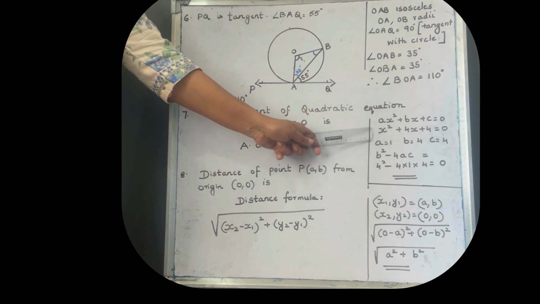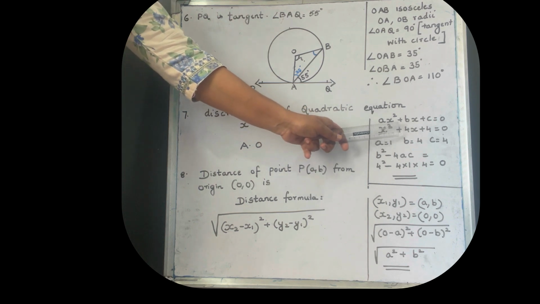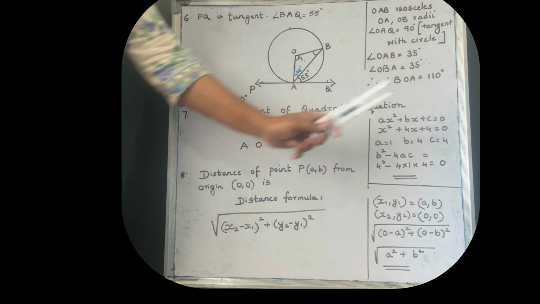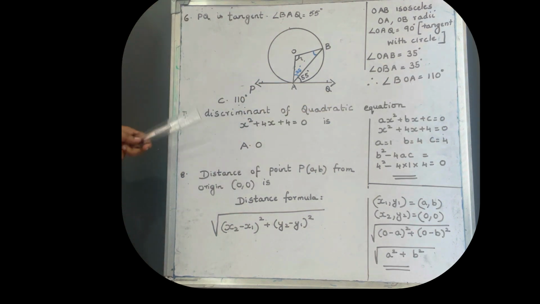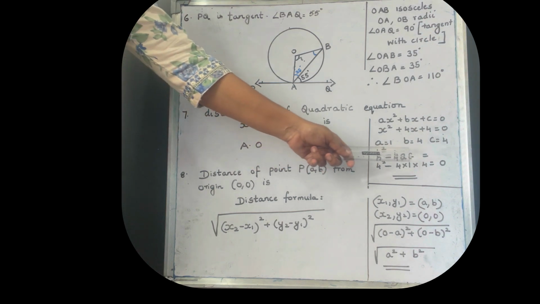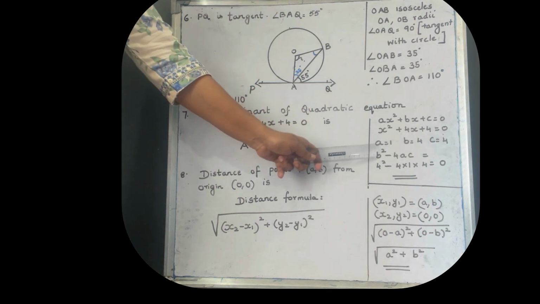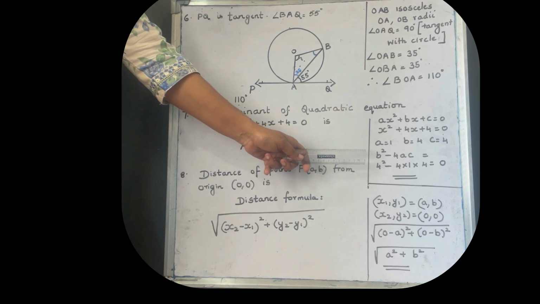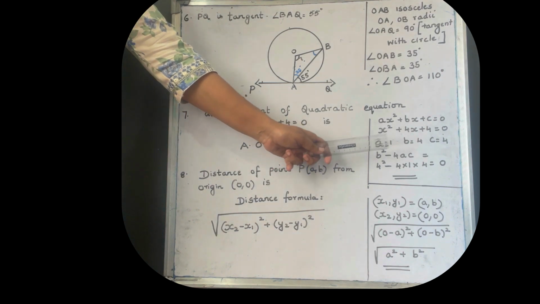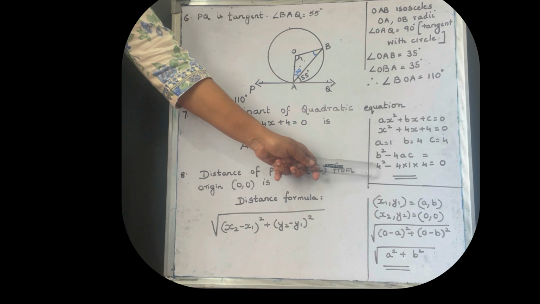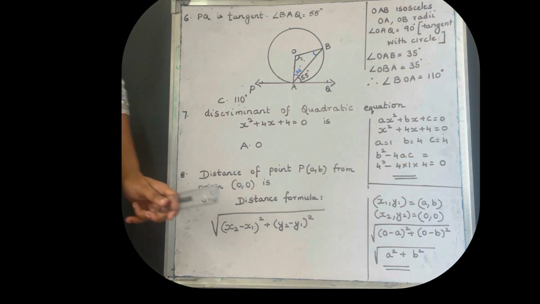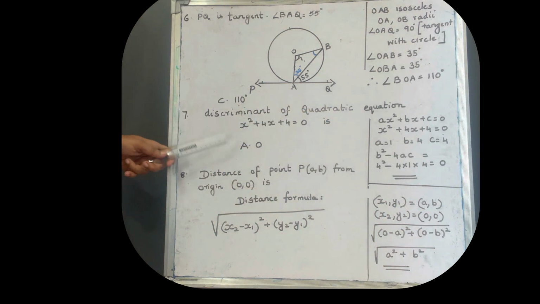We get a is equal to 1, b is equal to 4 and c is equal to 4. The formula to find the discriminant of a quadratic equation is b square minus 4ac. So we substitute the values of a, b and c in the discriminant formula, and we get the answer as 0. So the answer is option A, 0.